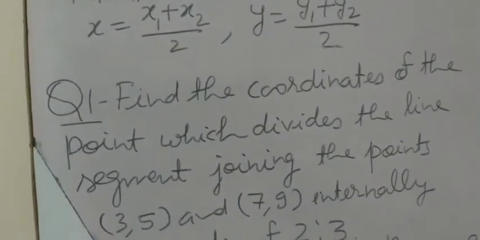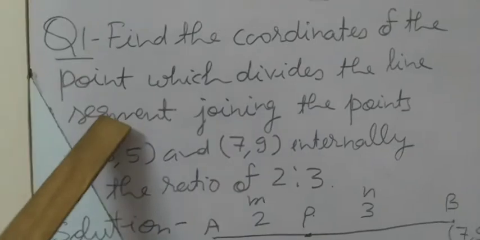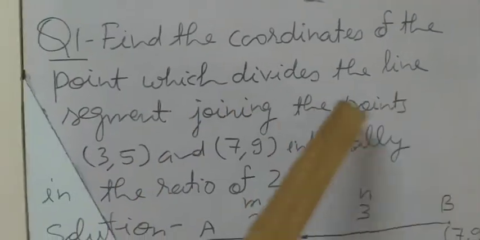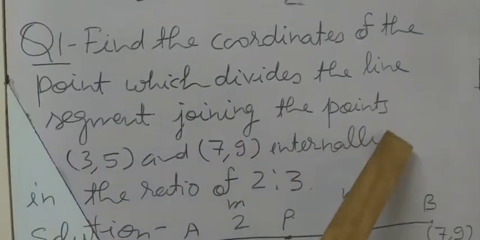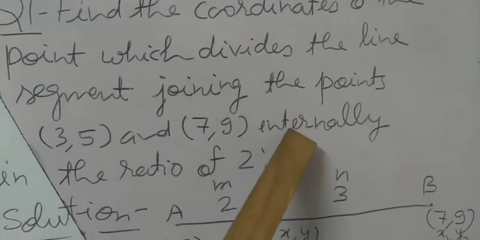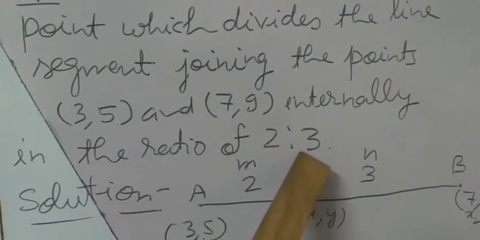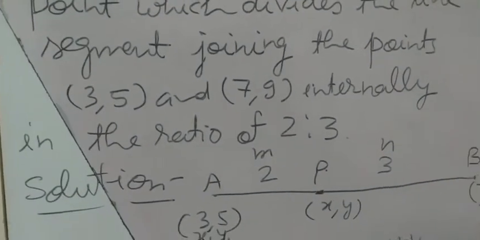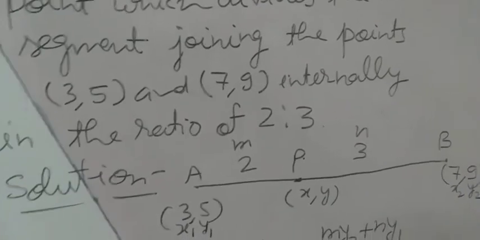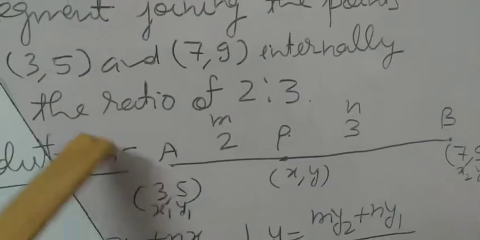Let us solve some questions based on the section formula. Find the coordinates of the point which divides the line segment joining the points (3, 5) and (7, 9) internally in the ratio 2 is to 3. So students, let us draw a line diagram.